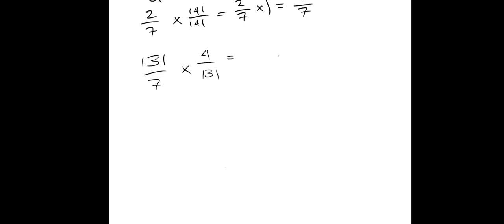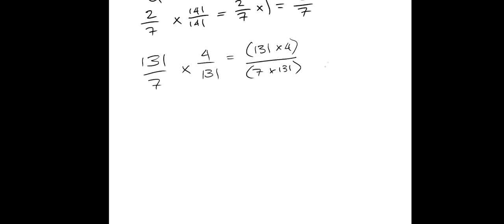Ooh. If you need to take a pause there and try to work it out, you could. 131 times 4 over 7 times 131. Grr. Is that going to work?